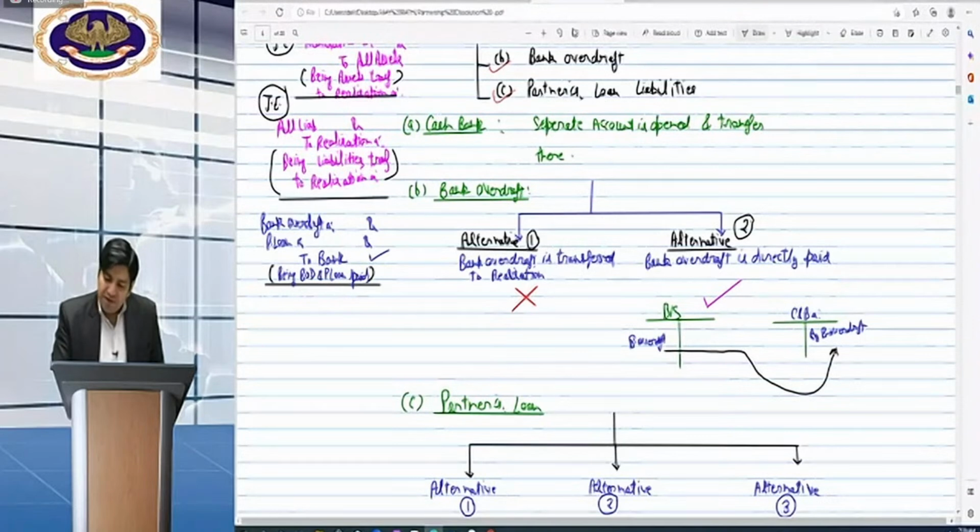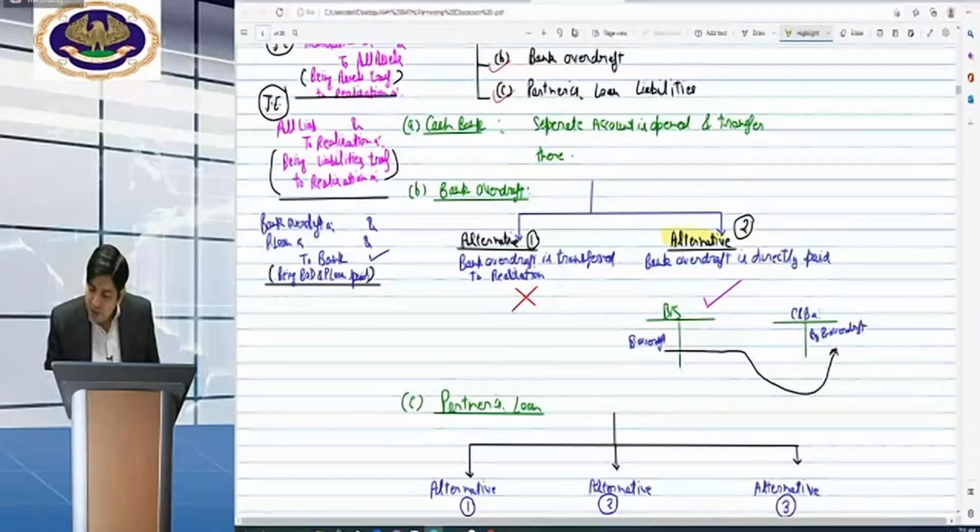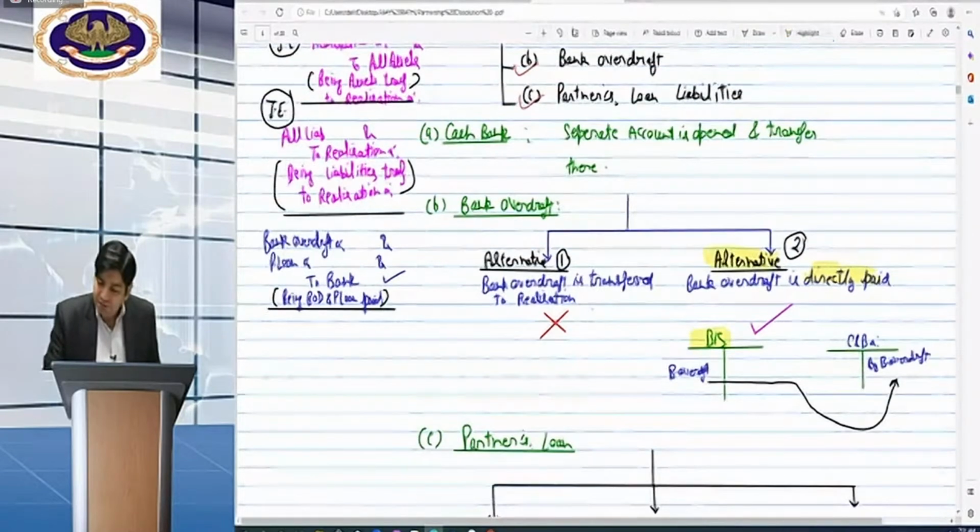For bank overdraft, there are two treatments. The first one is to transfer to realisation and then pay. No, this is not to be done in the exam. What we have to do is the alternative number 2. Bank overdraft is directly paid. Beta, see, this is the balance sheet in which you will find in the question whatever amount is there in respect of bank overdraft.